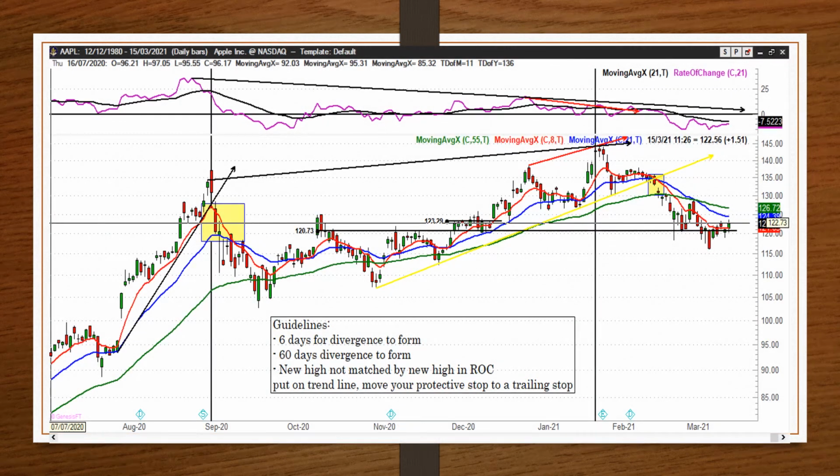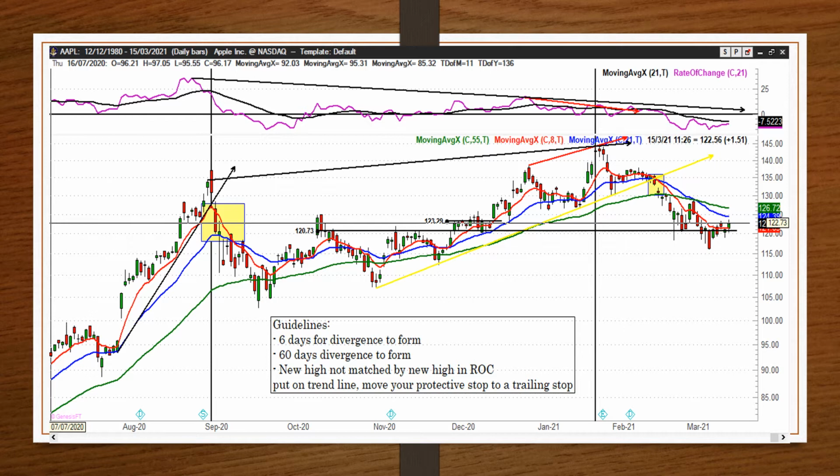All right, so we're looking at a chart of Apple to demonstrate divergence and what we do should we come across it in our open trades. If you look at the first black vertical line on the left-hand side, you'll see that we've got a high in price. That red candle is a new high.